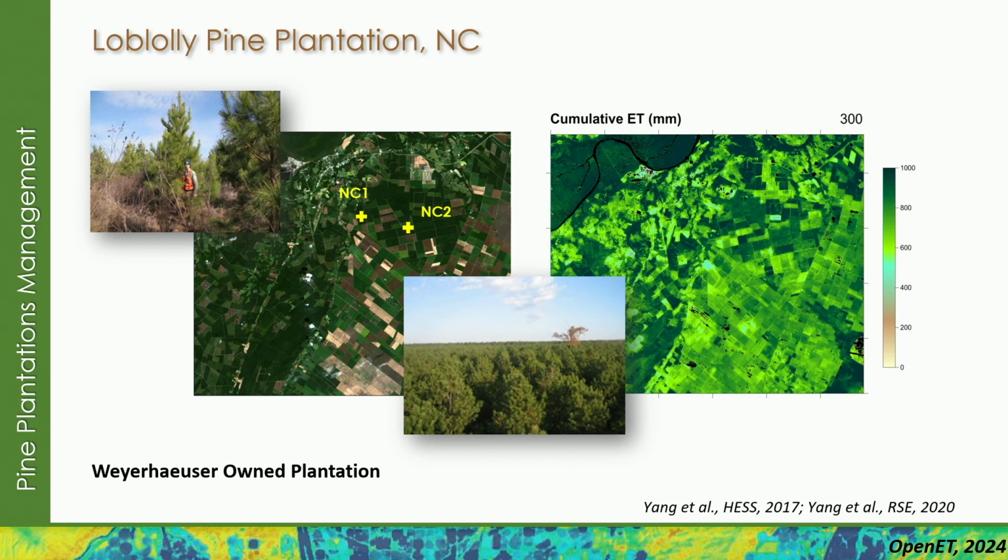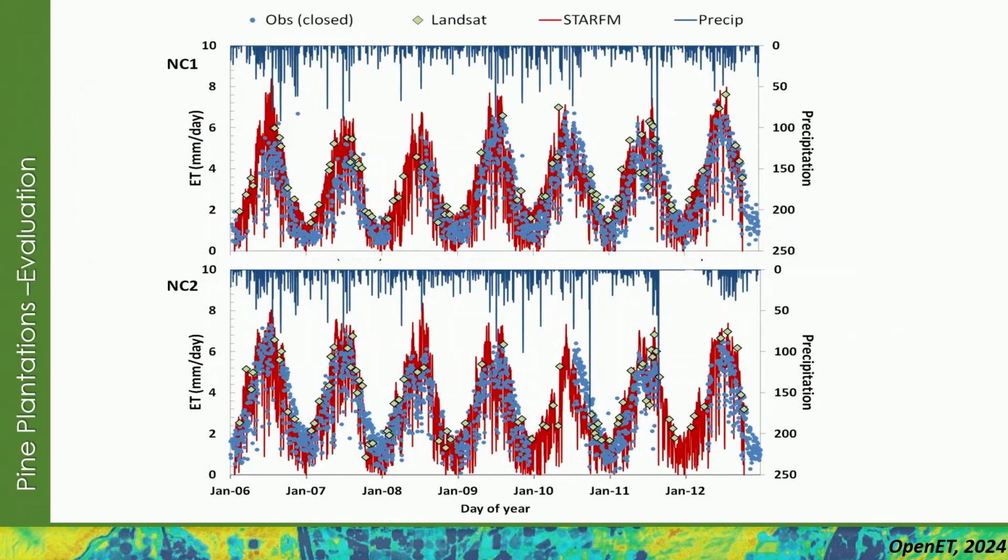Since this is the first study where we looked at the model performance for forest landscape, we did a very careful evaluation. We compared here the blue dots, which are observed ET data from the flux tower, and the red lines, which are our estimated fused multi-satellite ET data at daily timescale and 30-meter spatial resolution.